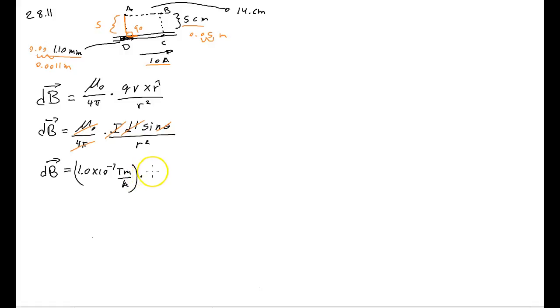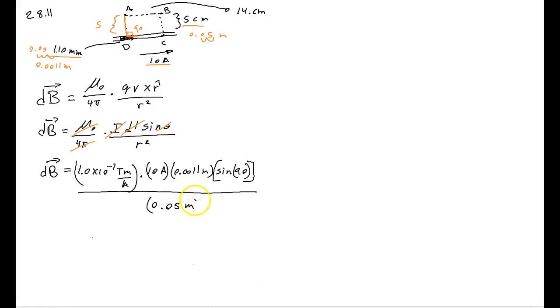So it's times the current, which is 10 amps, times the L, which is 0.0011 meters, times sine of 90 degrees, which is 1, over r squared, which is 0.05 meters squared.